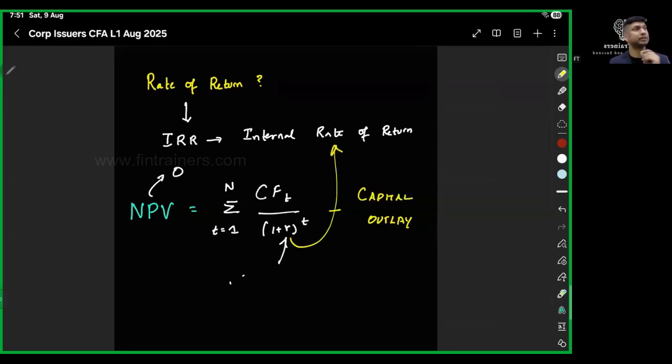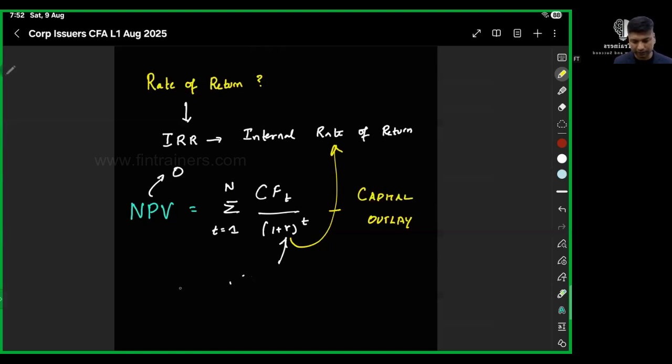The IRR is the discount rate which, if I use it to discount the cash flows, makes NPV zero. That means that is the rate of return I am earning. So this is called IRR.